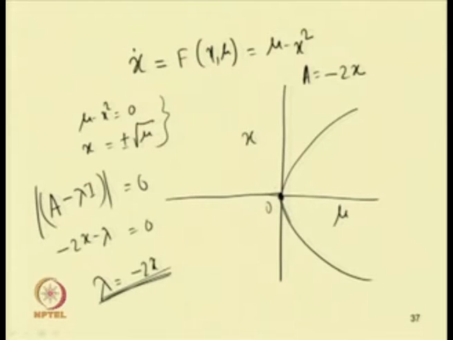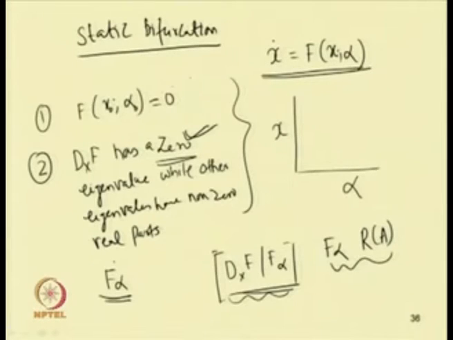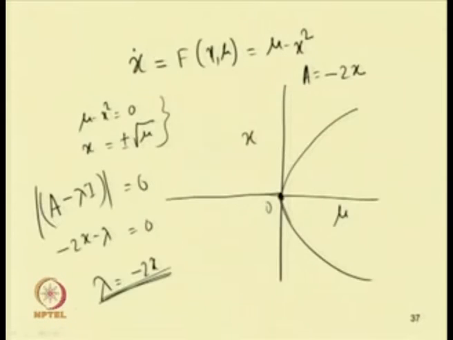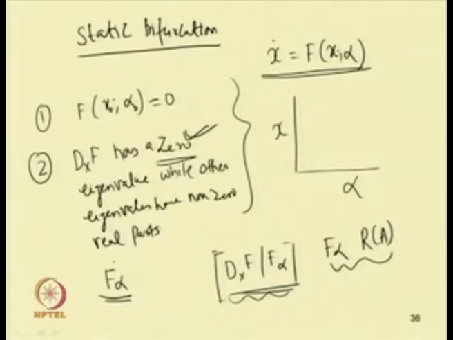As we have a 0 eigenvalue, it satisfies the second condition, that dxf has a 0 eigenvalue, and the first condition is also satisfied at mu equal to 0. So, mu equal to 0, the origin, is a static bifurcation point, as it satisfies both conditions, that is f(x0, alpha0) equal to 0 and dxf has a 0 eigenvalue.